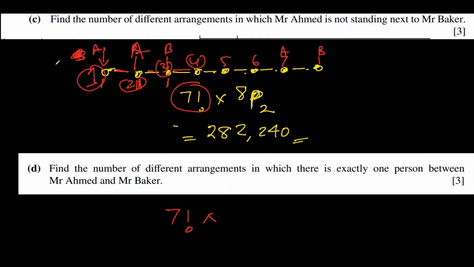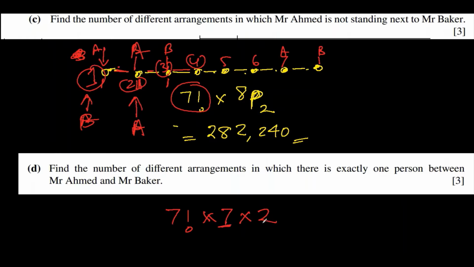But we did not take into account the ones on the right side also. So first of all, let's write 7 of those. And Mr. Ahmed and Baker can interchange their places, isn't it? So the moment I said this, Mr. Ahmed is here and Mr. Baker is here, can't it be Mr. Baker is here and Mr. Ahmed is here? Still that requirement of having one person between is met.